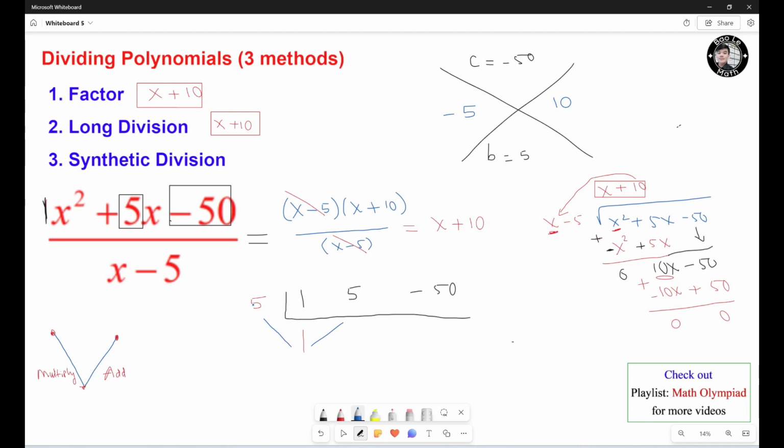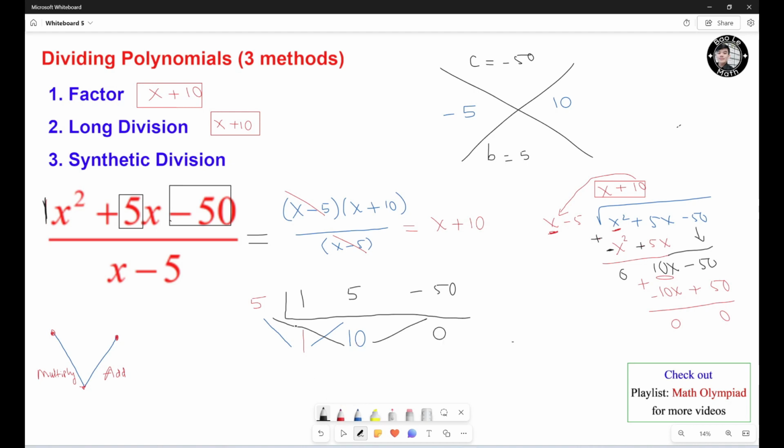Now 5 times 1, multiply and then add. 5 times 1 equals 5. 5 plus 5 equals 10. So I put 10 right here. Now I keep doing the V diagram. 5 times 10 equals 50. 50 plus negative 50 equals 0.